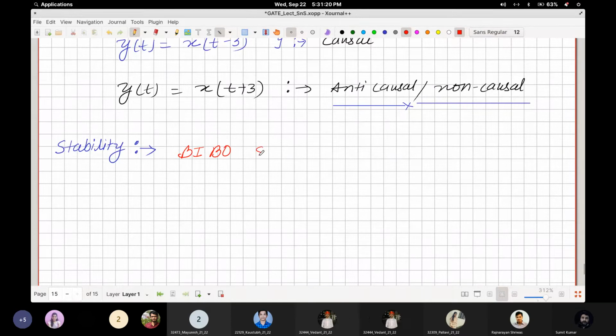So we are checking for BIBO stability, and we will explore stability in detail in future. So BIBO stability, what does this mean? What is the meaning of BIBO stability? Bounded input, bounded output stability.